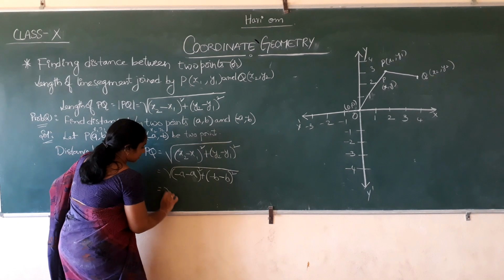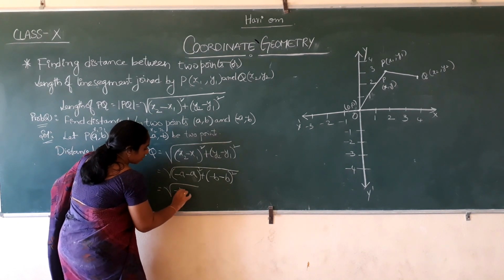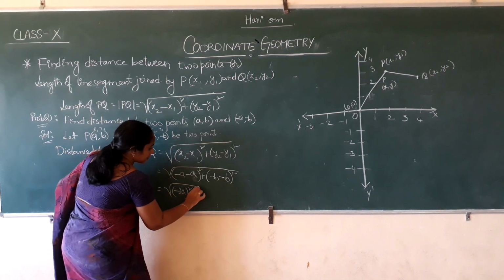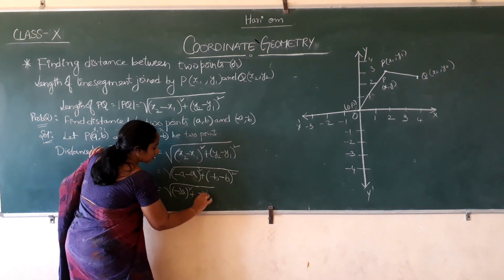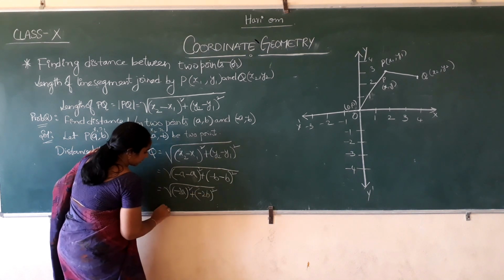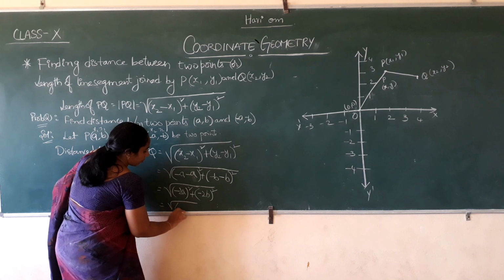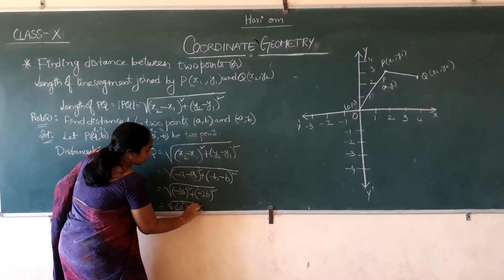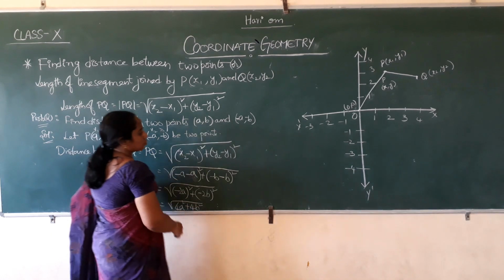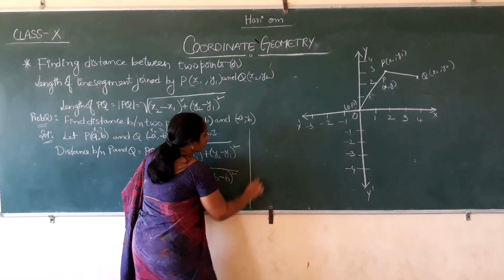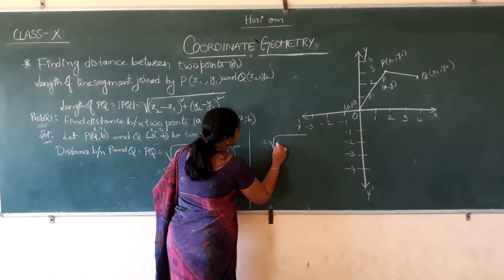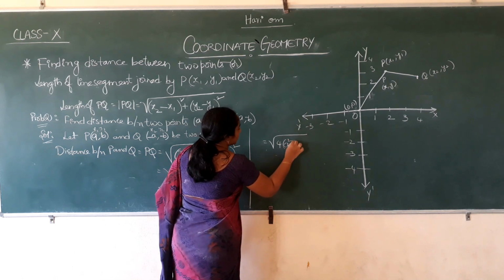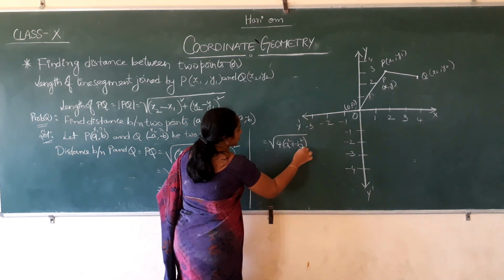Now it is (minus 2a) whole square plus (minus 2b) whole square. It is 4a square plus 4b square. Taking 4 as common, it is 4 into (a square plus b square).